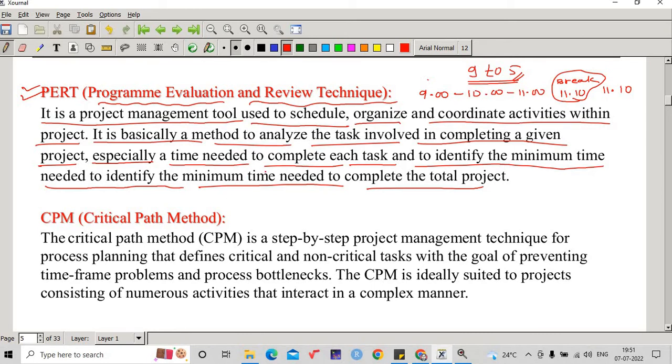Alright, I'll come to that part once again while dealing with the problems of networking.